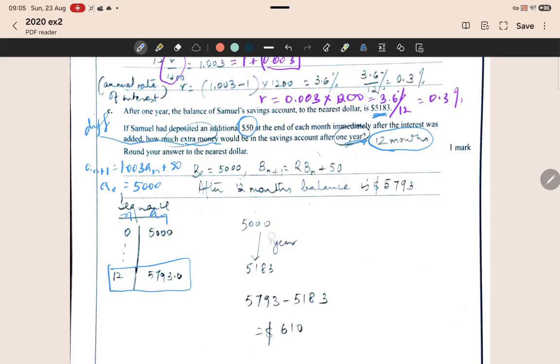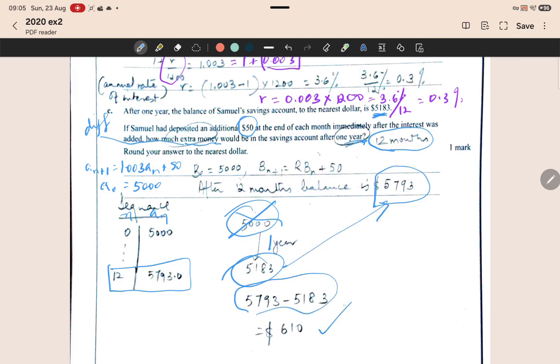So the difference in 1 year, if you had not put in $50, this is the value if you had not put in, and this is the value when you did put in, and the difference between them is 610, which is the extra money that you would have got.